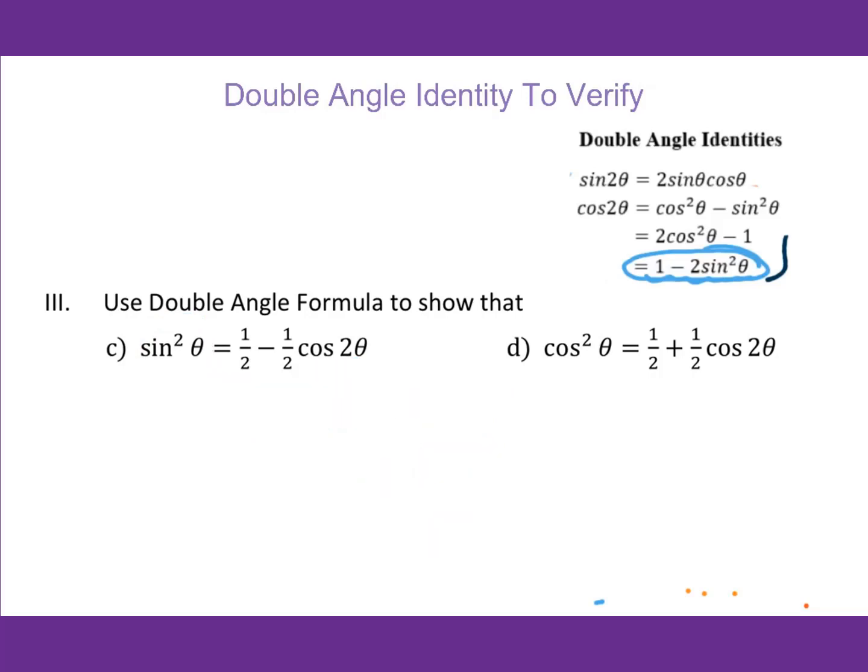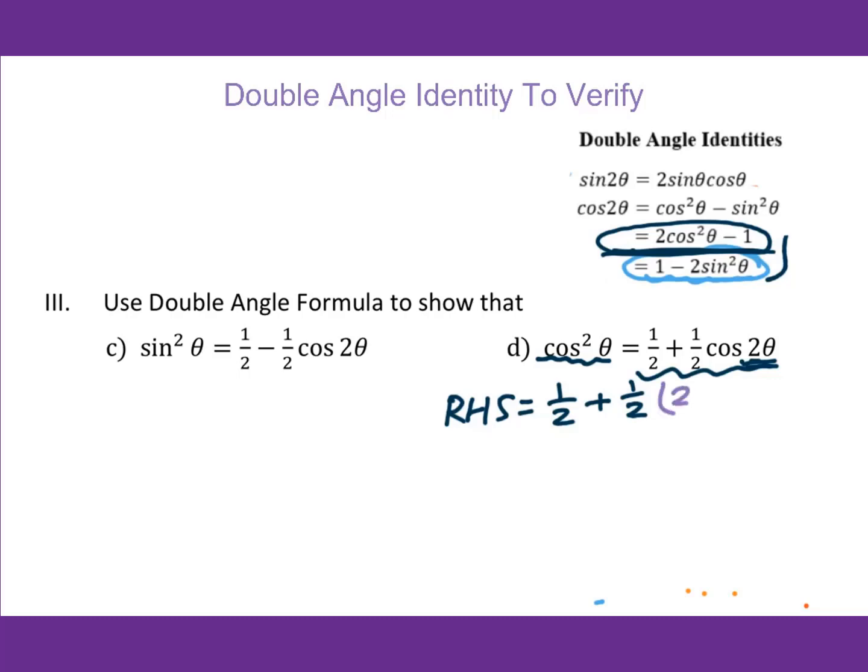For D, still we need to get started from the right hand side. 1/2 plus 1/2. For cosine 2 theta, since we have three options, check the left side. We have cosine squared theta, which means we have to use this formula. Therefore, I change it into 2 cosine squared theta minus 1.